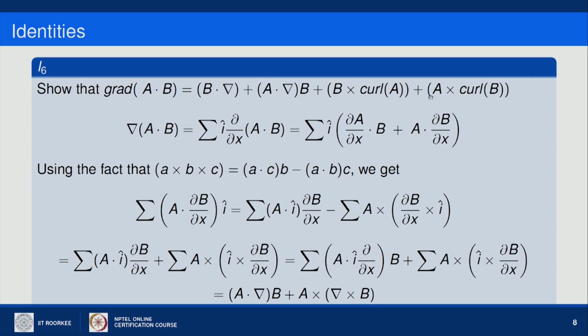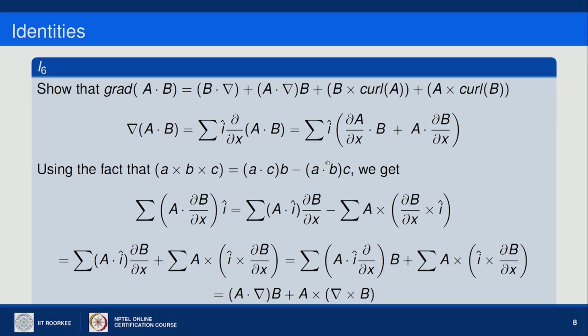Now, using the fact that A cross B cross C can be written in this way, sorry, this bracket should be here, A cross B cross C, I can write A dot del B over del x I in this way. That is, this term can be written as this minus this one.